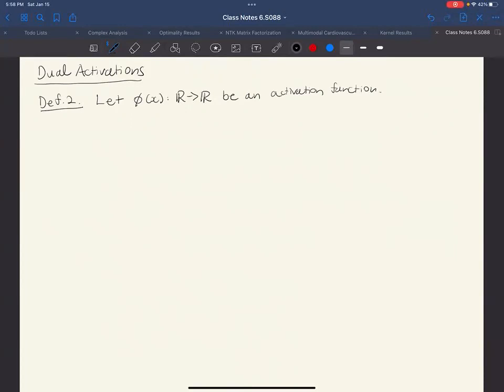Then the dual activation of phi is given by, I'm going to denote it phi check to avoid confusion with things like the Fourier transform, but it really is a similar sort of transform. And it's a function from -1 to 1.